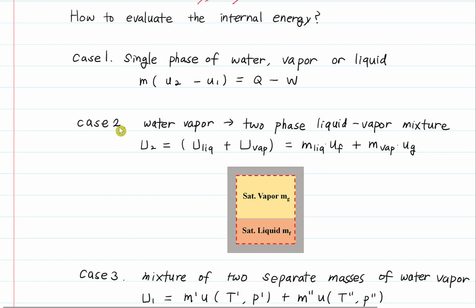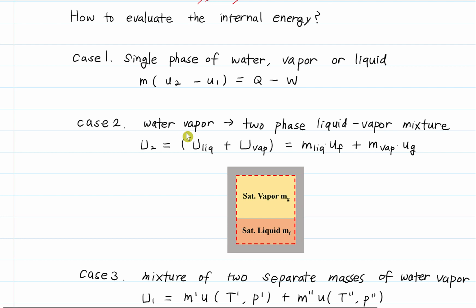Second case, water vapor turns into a two-phase liquid-vapor mixture. Part of the system is saturated vapor with mass mg. Part of the system is filled with saturated liquid, mass mf. So the mass of the liquid may be different from the mass of the vapor.